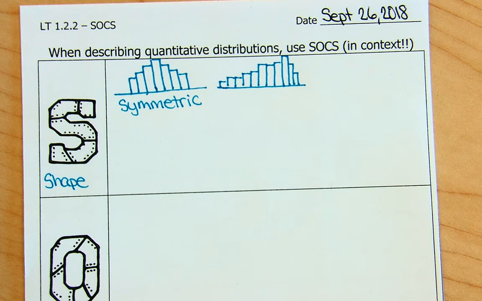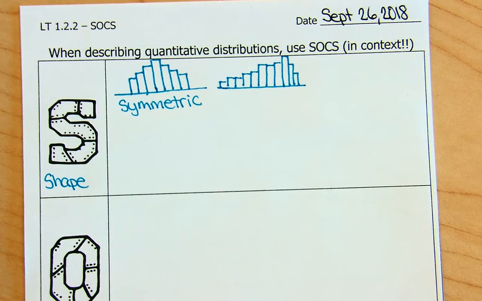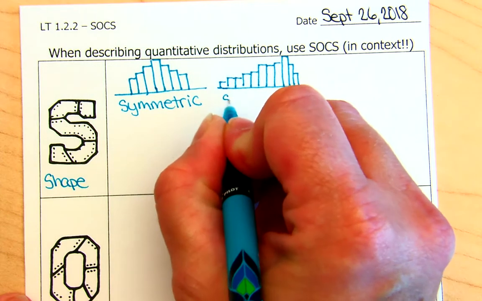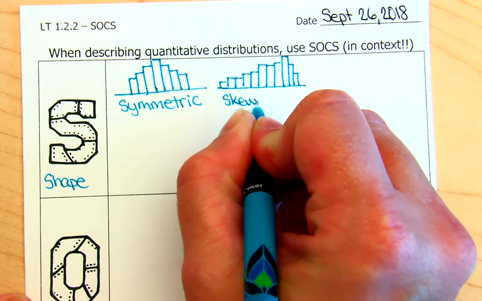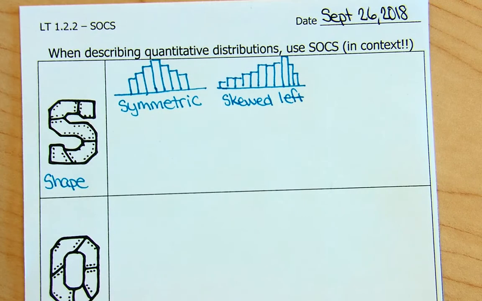So this is one where it trails off farther on the left than the right. Did you have one similar to this? Yeah. A group that was kind of like this. So this one we call skewed left. Which side does it go out farther on? That's the way it's skewed. So this one is longer out on the left, so it's skewed left.